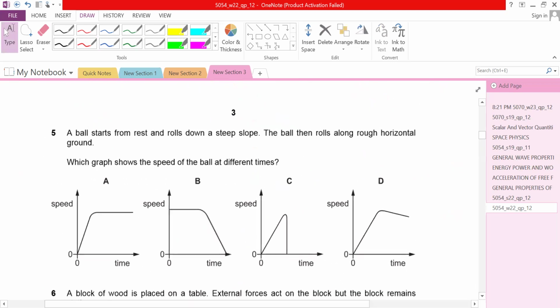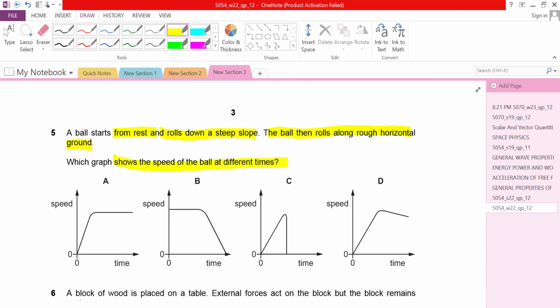Question number 5, the ball starts from rest and rolls down a steep hill. At first it is at rest, and then it rolls down a steep slope. The ball then rolls along the rough horizontal ground. Which graph shows the speed of the ball at the different times?